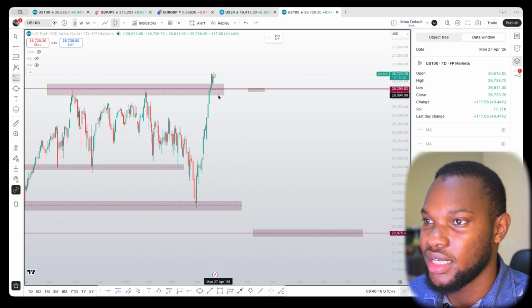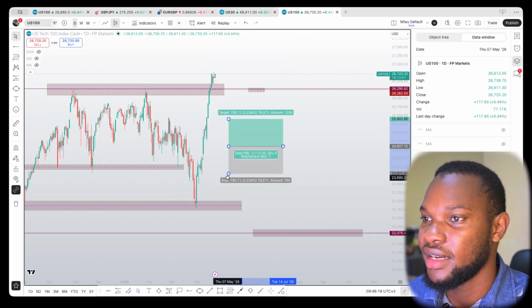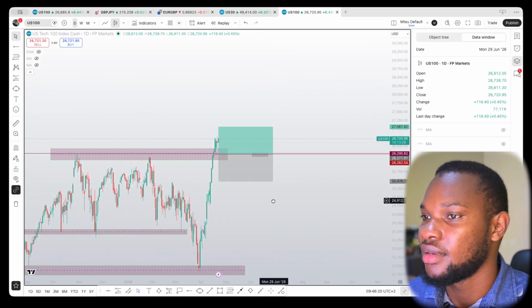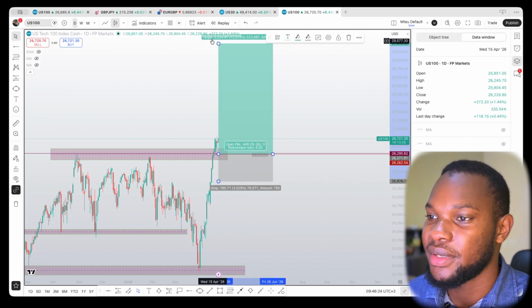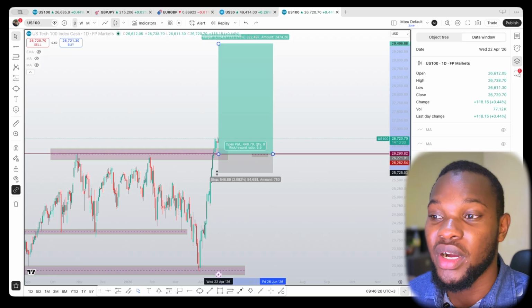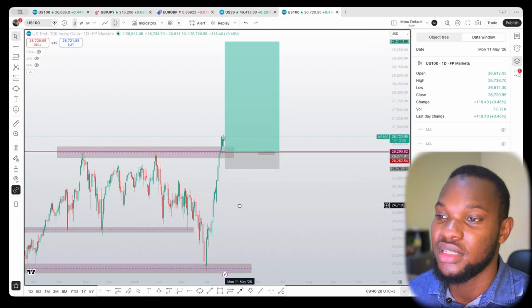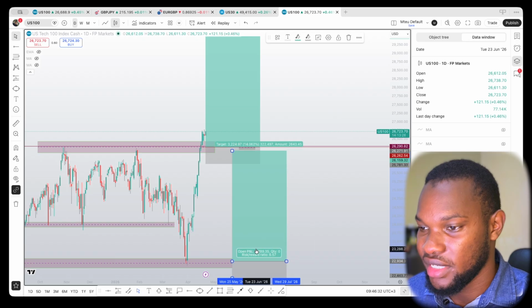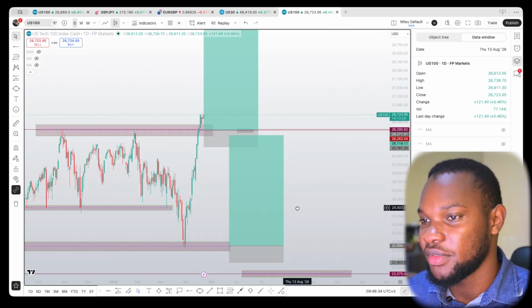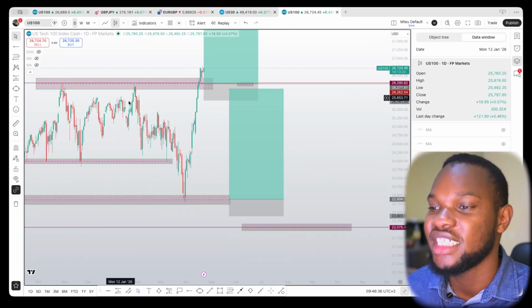So here what I could be doing is either buy here, targeting 30,000 or whatever, with a stop according to your risk management rules. Or I could wait for the price to come over and trade the range.